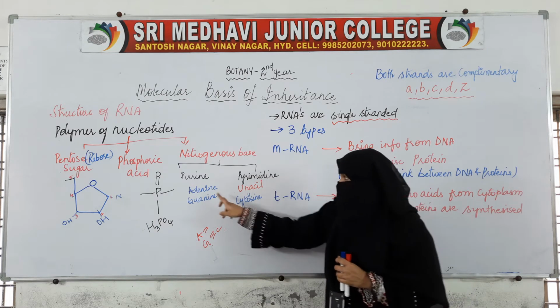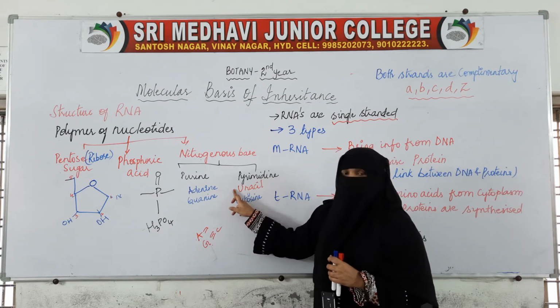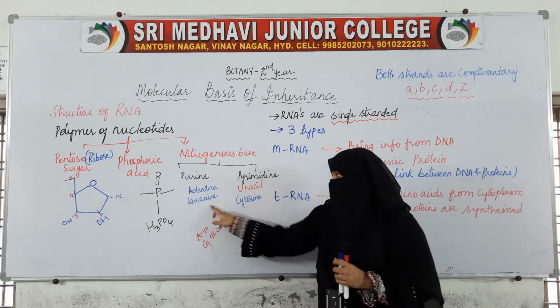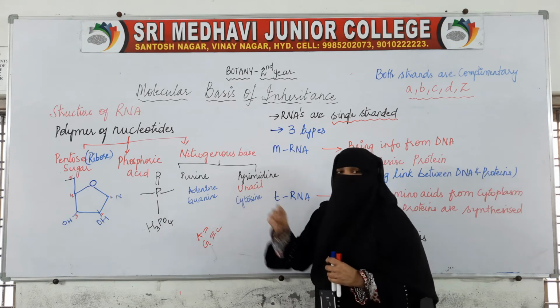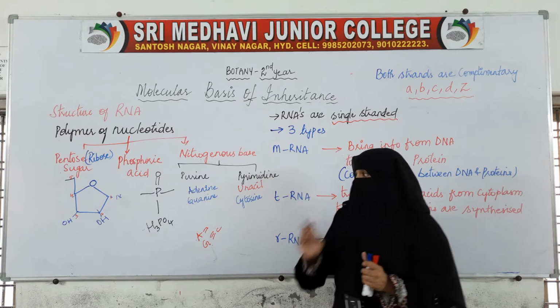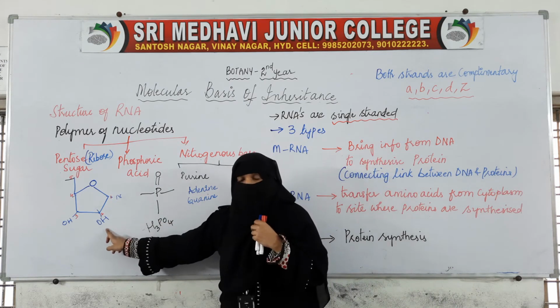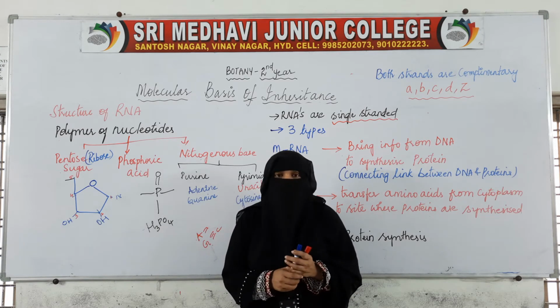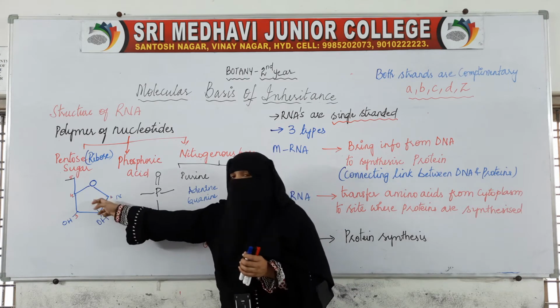Adenine always pairs with uracil, guanine always pairs with cytosine. So the only differences are the pairing of adenine with uracil instead of thymine, and the OH group instead of hydrogen at the second carbon of the furanose ring.